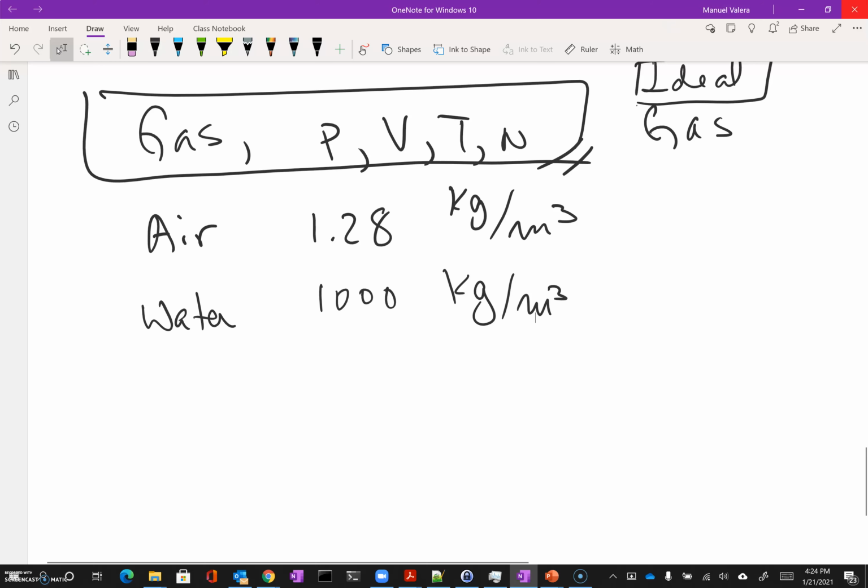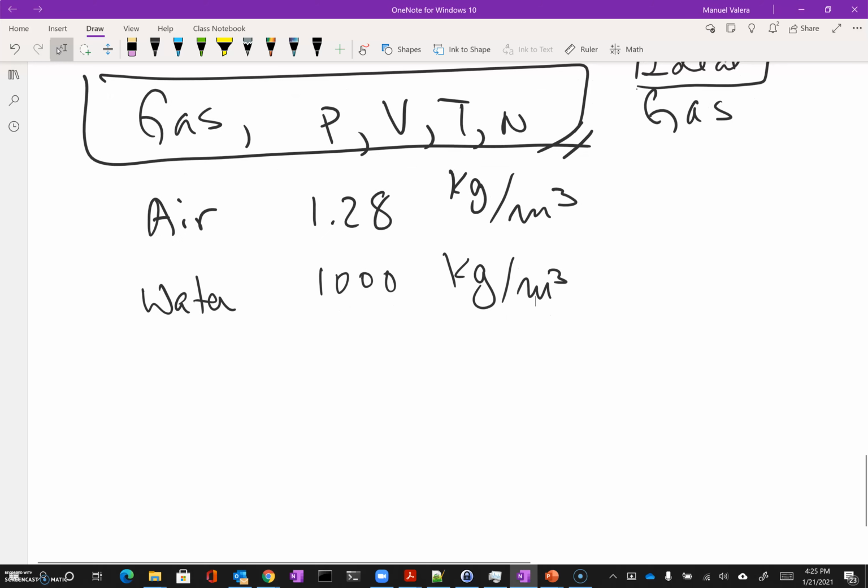Okay, so now let's look at another important concept here, which is moles and the idea of atomic mass. We're going to start with atomic mass. The atomic mass is what it says, the mass of one atom.